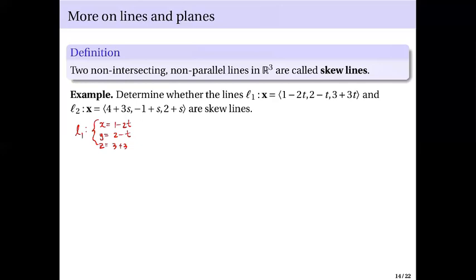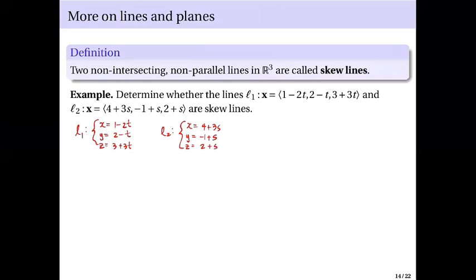This is your L1. Your L2, you have x equals 4 plus 3s, y equals negative 1 plus s, z equals 2 plus s.